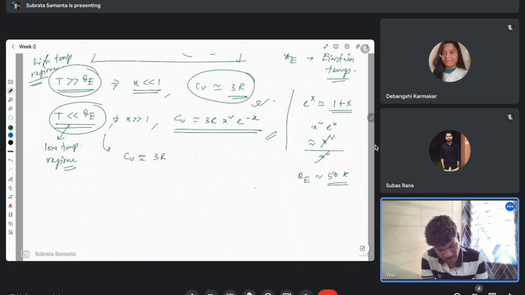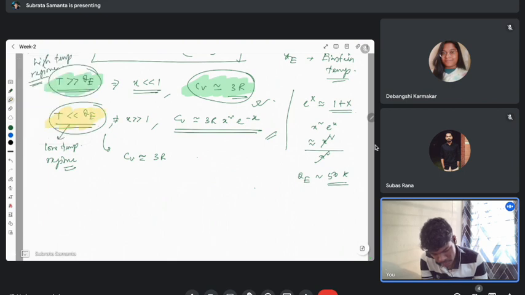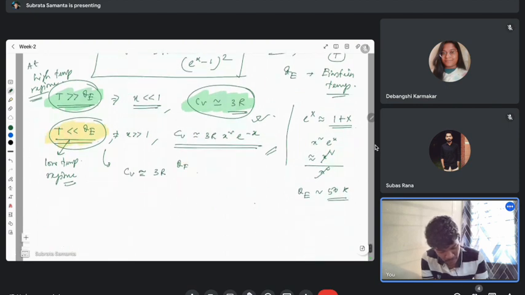So in this temperature region, I write down 3R times x square e to the power minus x, where x is theta E by T. So it is 3R times theta E by T, the whole square, e to the power minus theta E by T. Right, but this is again not correct at low temperature.